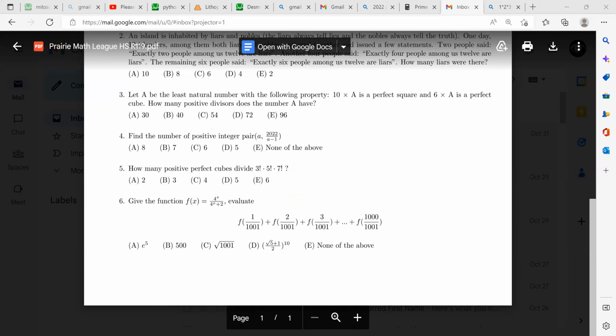Okay, so f of 1 over 1001 is equal to 4 to the 1 divided by 1001, over 4 to the 1 divided by 1001 plus 2, because you're just plugging in the value.